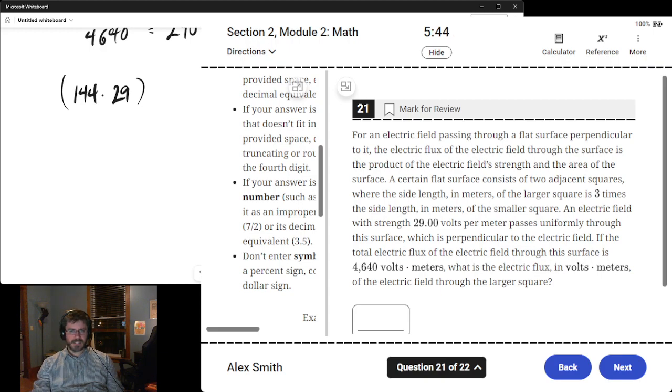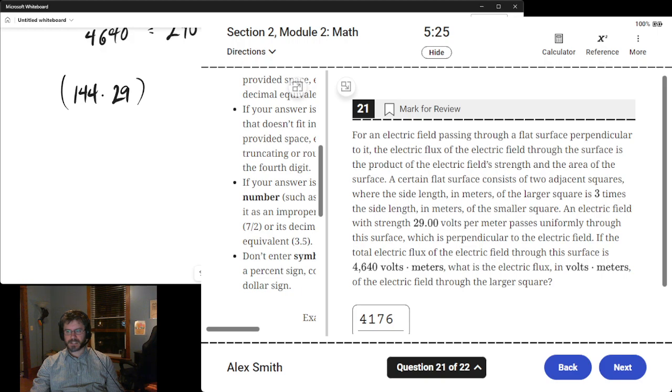And that gives us, I'm just going to double check my math there, 12 times 12 is 144 times 29 is 4176. And I'm again just going to double check to make sure that 4176 is 3 times as much as what goes through the other one.